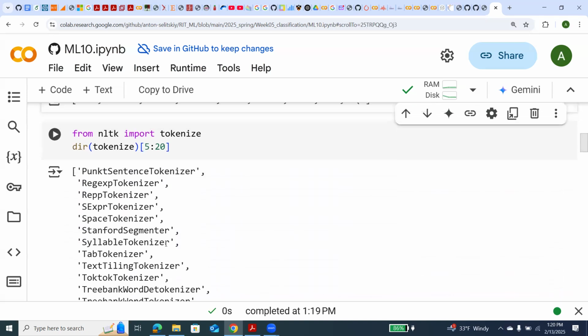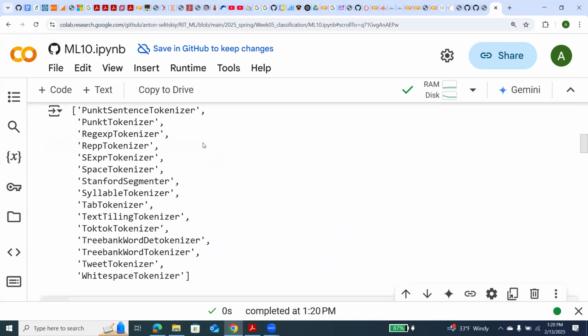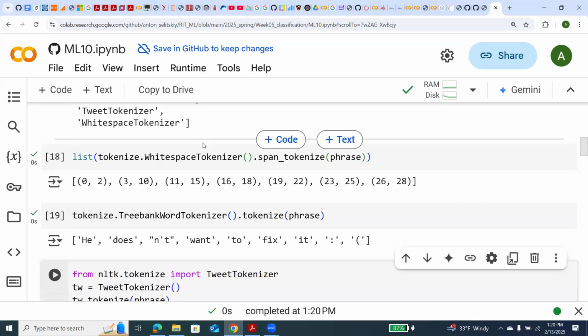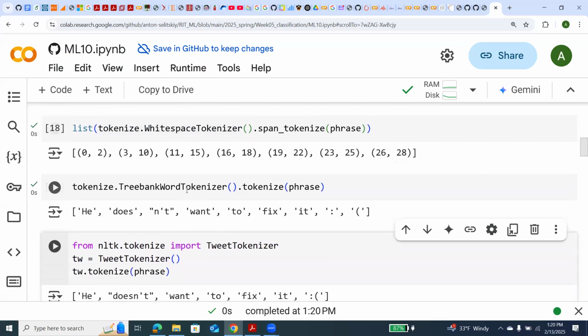This is the list. For example, in your homework, I recommend to use tweet tokenizer. This is white space tokenizer, it just returns the index of the beginning and end of the word.